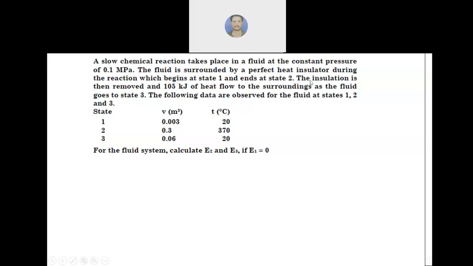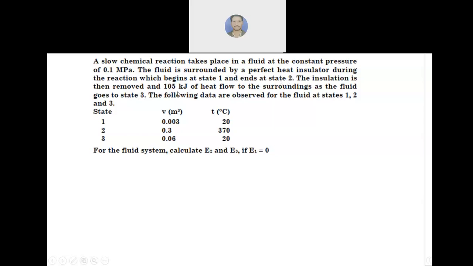We have provided the insulation. Then the insulation is removed and 105 kilojoule of heat flows to the surroundings as the fluid goes to state 3. See, in process 1-2, there was insulation. After state 2, the insulation is removed.